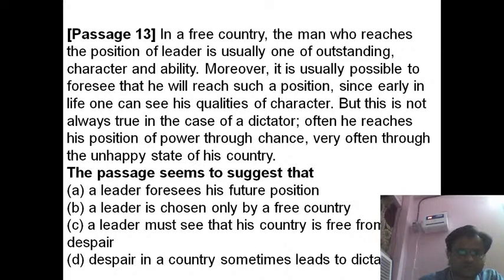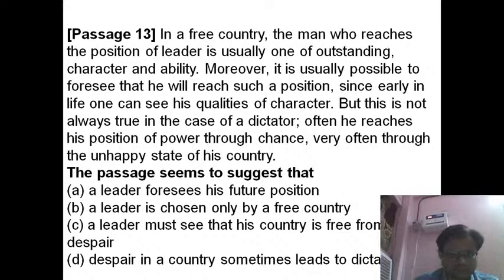If you are given a small passage, I always suggest you read the passage first and then start answering the questions. But this is not always true in the case of a dictator. Often he reaches his position of power through chance, very often through the unhappy state of his country.